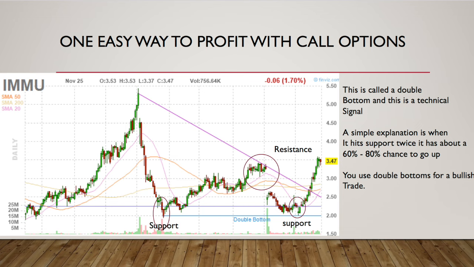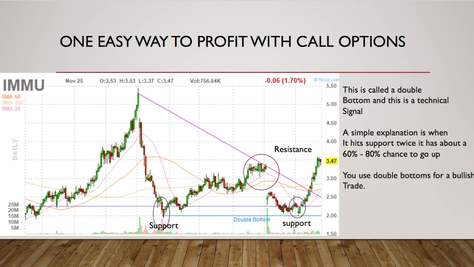Normally we buy at support and then just ride the breakout all the way to resistance. Once you see this, there is about a 60 to 80% chance that it's going to follow through, and once it supports, it's going to go up. So you can use a double bottom for a bullish trade.